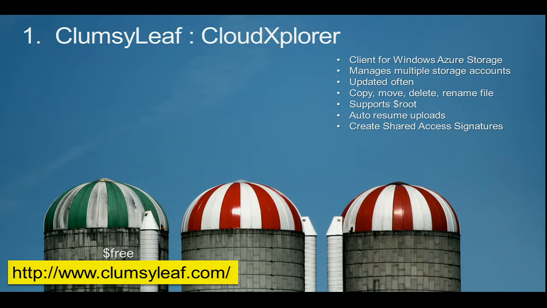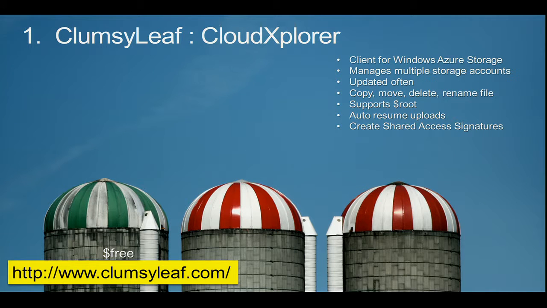The other thing it supports is shared access signatures. This is a way that we can create very fine-grained permissions into my storage. So I can give someone the ability to read and write to my storage, or just that particular file, for 10 minutes or a day or something like that.